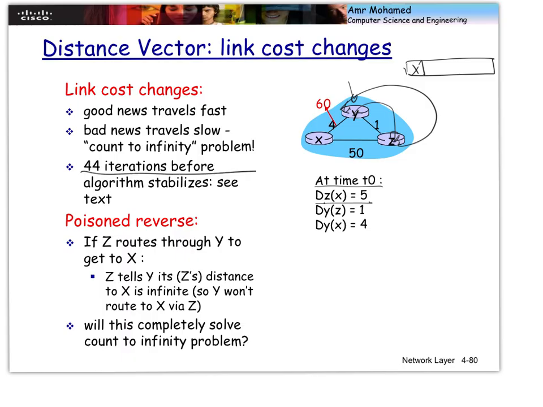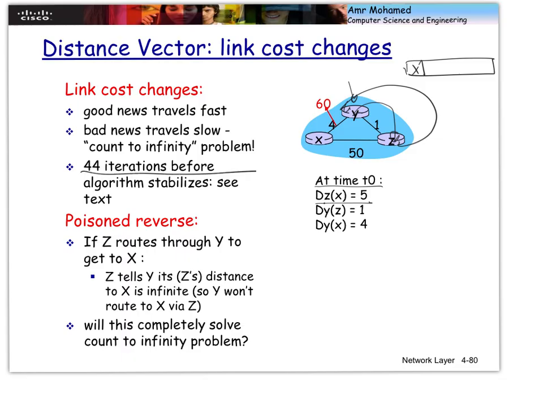So this phenomenon is called count to infinity, which is also covered in Network 2. So there is a problem of count to infinity. So we'll keep juggling the packet to each other many times.